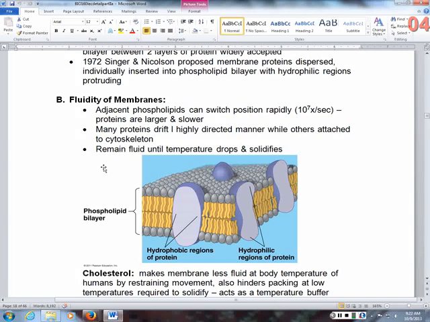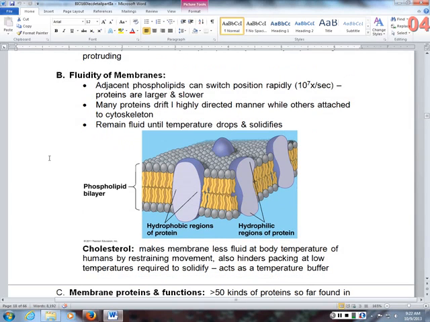That's a lot of movement. When you put the proteins in there, they're going to be larger, so they're not going to move around quite as quickly, but they're still going to move around at a good pace. A lot of times the proteins are going to drift in a highly directed manner, so they're going to move around for a specific reason.